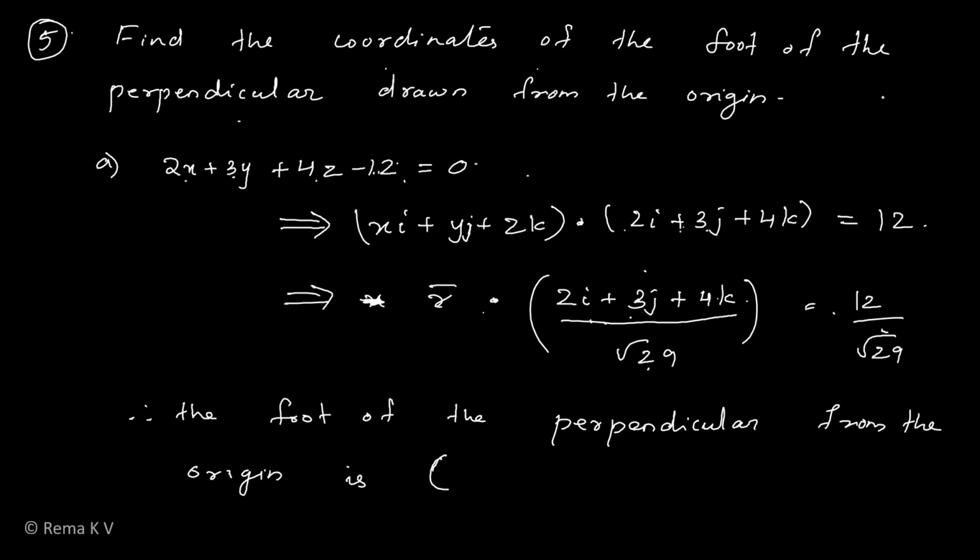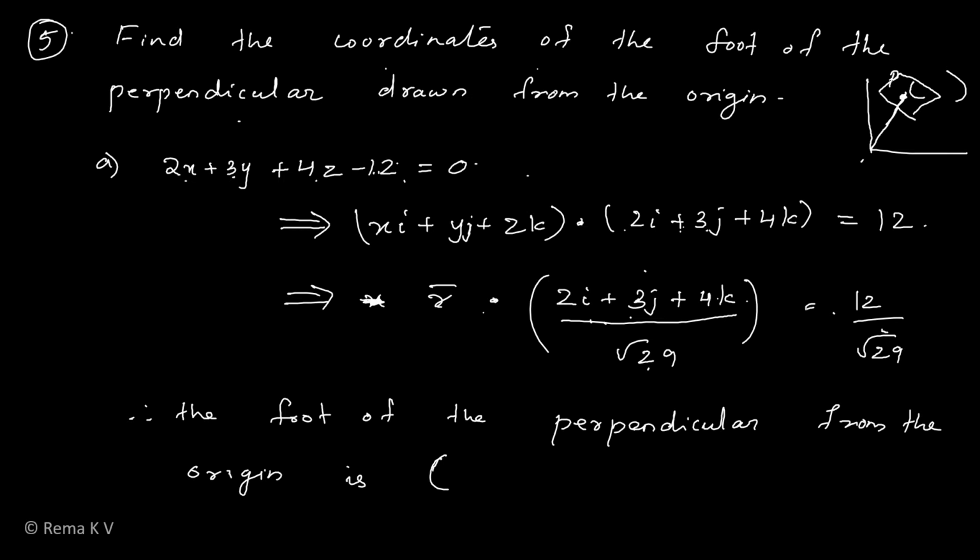Foot of the perpendicular means here a plane, you are given a plane here and drawing a perpendicular from this origin to this plane, and where it touches the plane you have to find out the coordinates of this point P. That is the foot of the perpendicular.